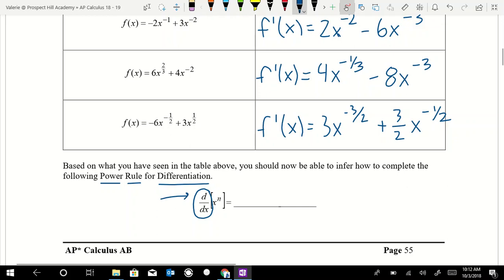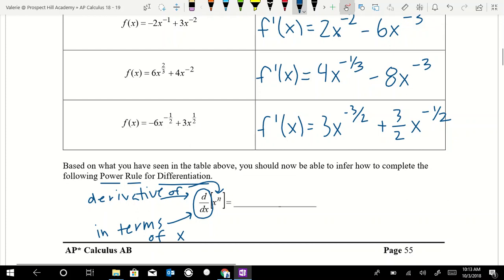is talking about the derivative of x to the n, and then the dx is telling you what you're looking in terms of. So this is in terms of x in this case because it's dx.